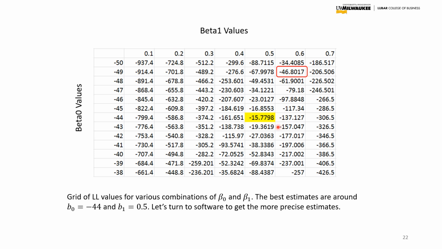It's right here with a beta 0 value of minus 44 and a beta 1 value of 0.5. These aren't going to be the ultimate maximum likelihood estimates, but they're going to be near, because software is going to do this more precisely, to many decimal places on the beta 0 and beta 1. But for now, we can kind of feel or vibe that the estimates for beta 0 and beta 1 are somewhere around minus 44 and 0.5.